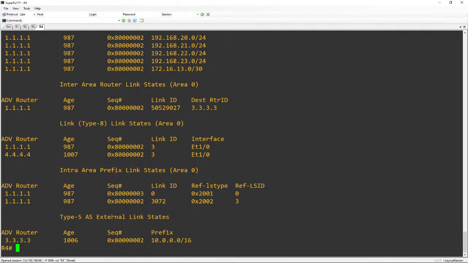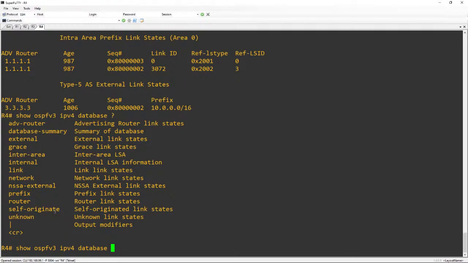The type 9 LSAs are kind of paired with or similar to the type 1 LSAs. All right? So let's take a look at those type 9s real quick, since they are related to our type 1s.